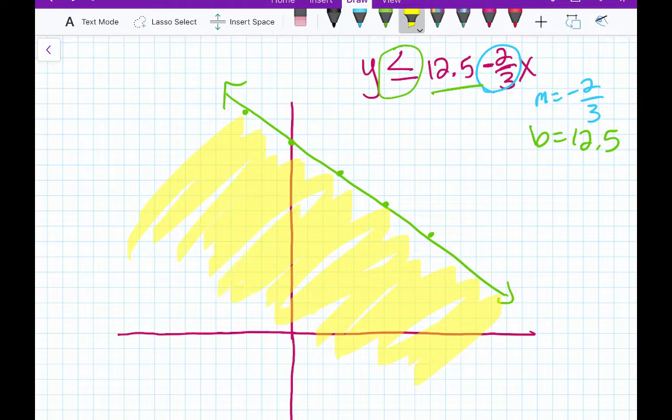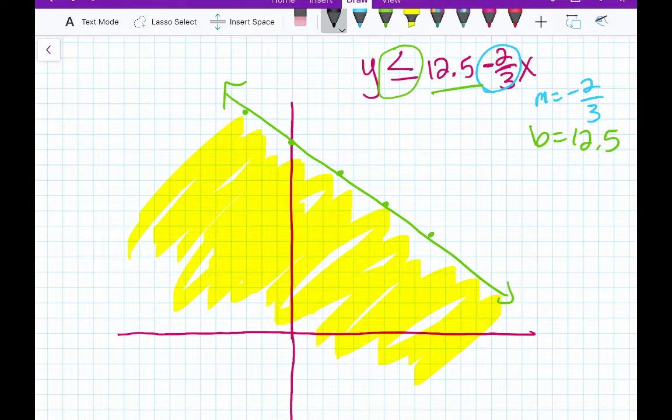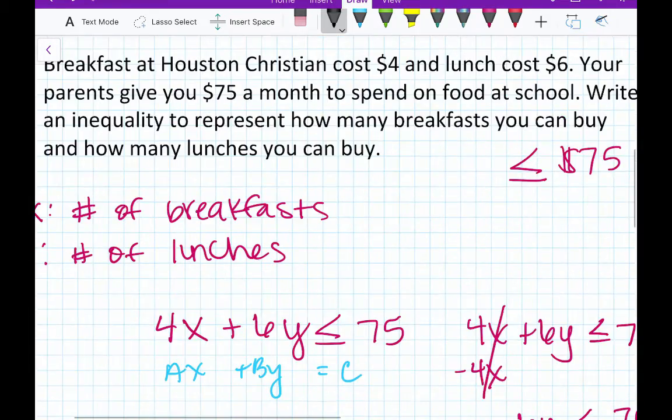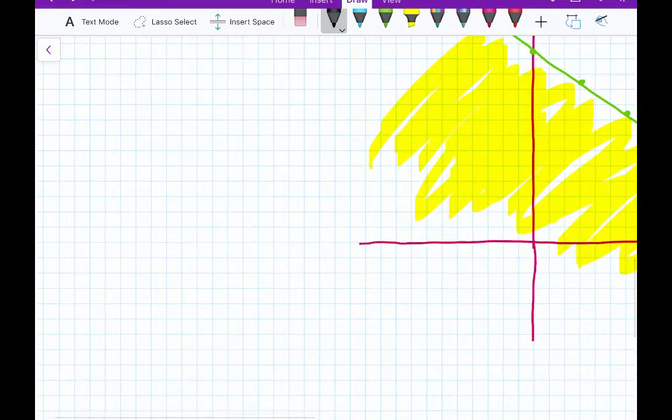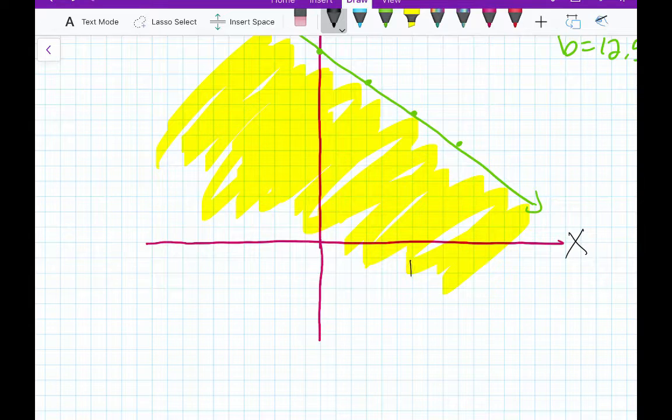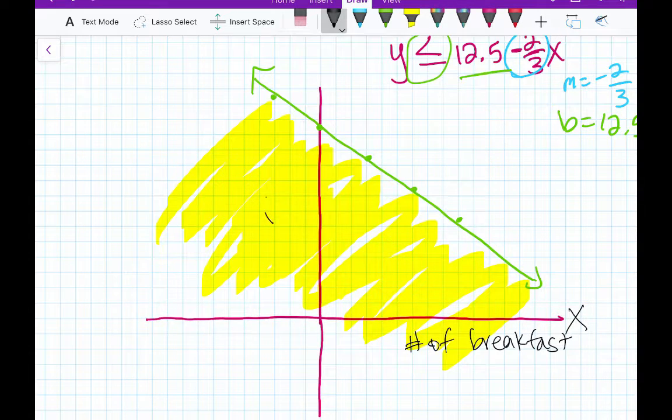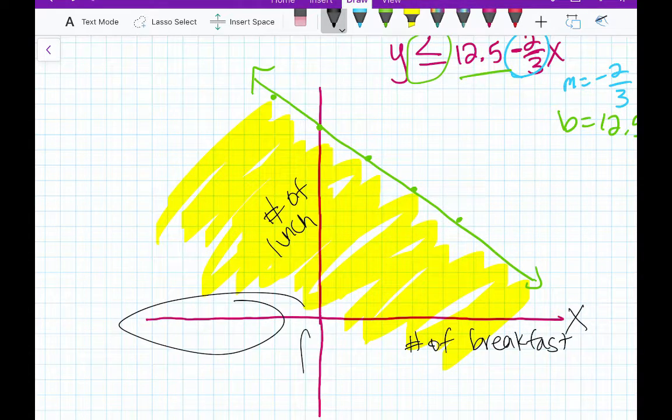Now we really need to think about what this graph means. If I think about what is on the x-axis, we said that x was number of breakfasts and y is number of lunches. So this is number of breakfast and this is number of lunch. These numbers and these numbers are negative numbers. Am I going to buy negative breakfasts? Nope. Am I going to buy negative lunches? No. So that is actually irrelevant.